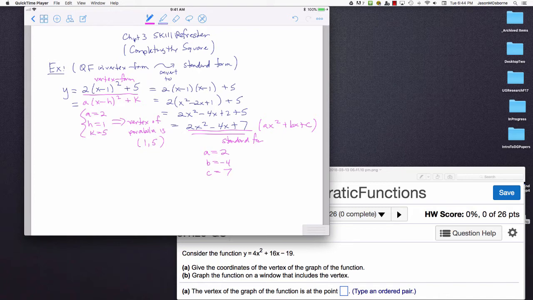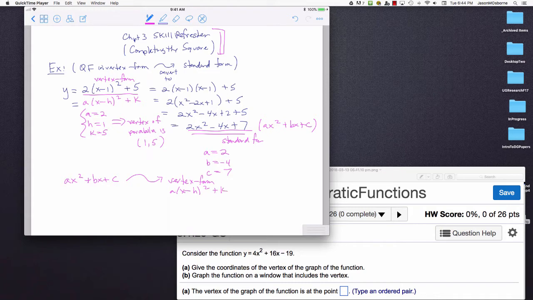Each form has its advantage. So the question in this video, and the one that the skill refresher video deals with, is how do you convert something that's in the standard form, ax squared plus bx plus c, to vertex form, a times x minus h squared plus k.